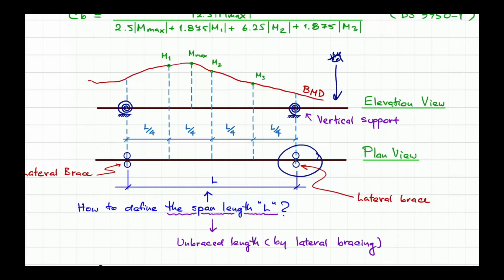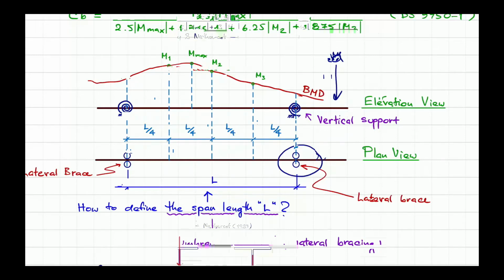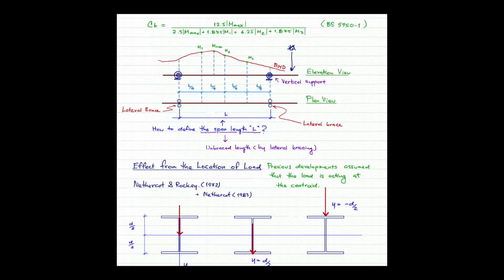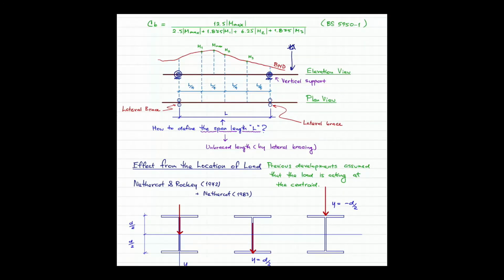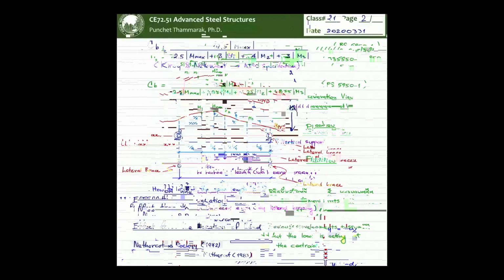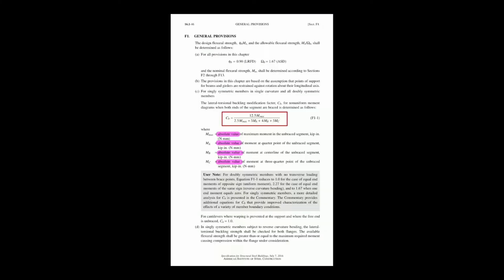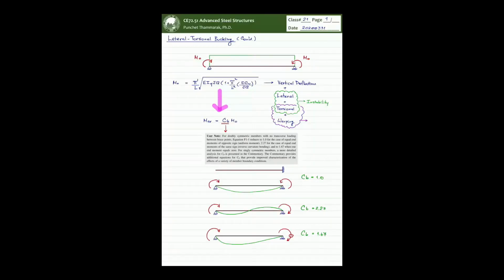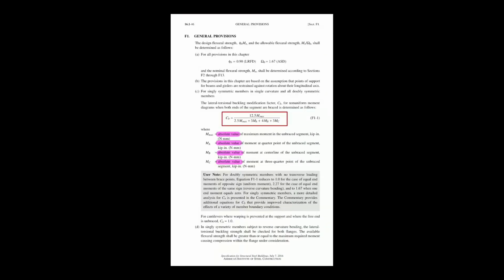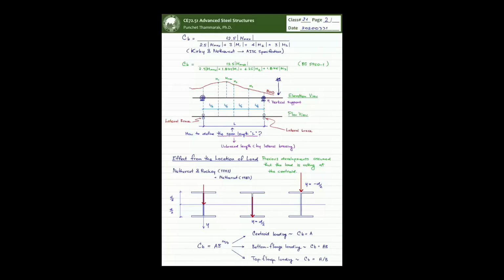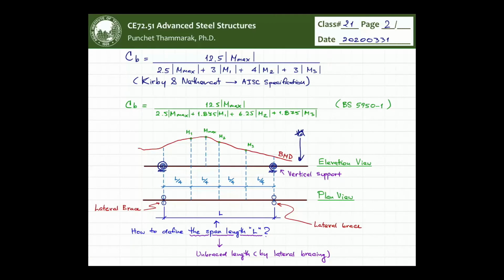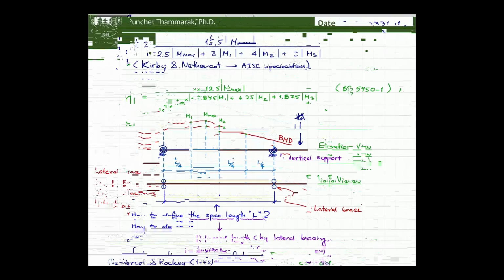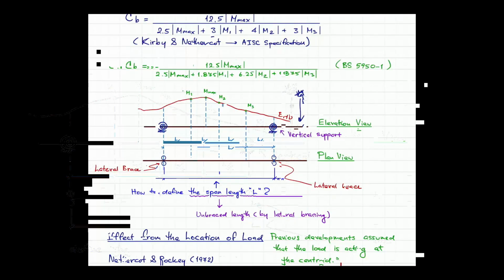Now, the development we had so far, from here we get the equation from M0, you get the equation for the CB to incorporate the different bending moment diagram, and so on and so forth.